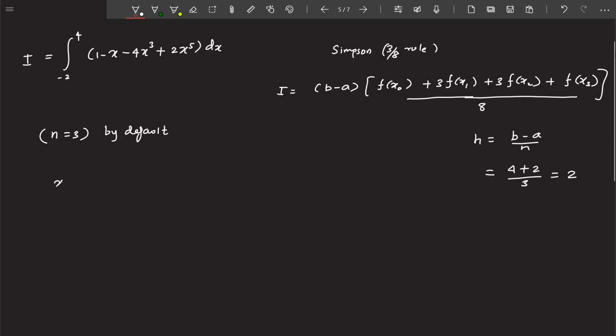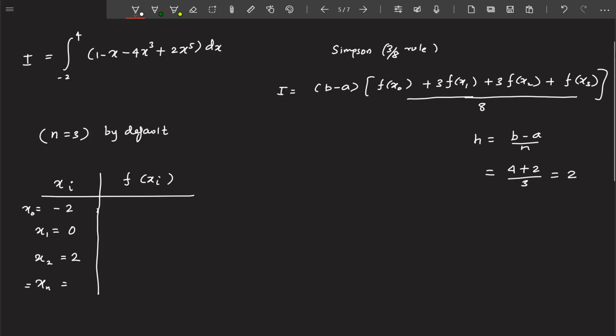Okay, so let us again start with this table. We know x0 is minus 2, okay. x1 is 0, x2 is 2, xn which is also x3 is equal to 4.